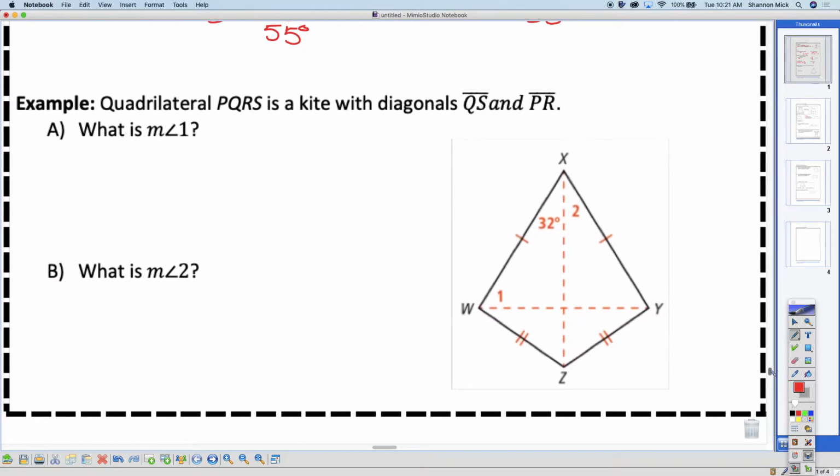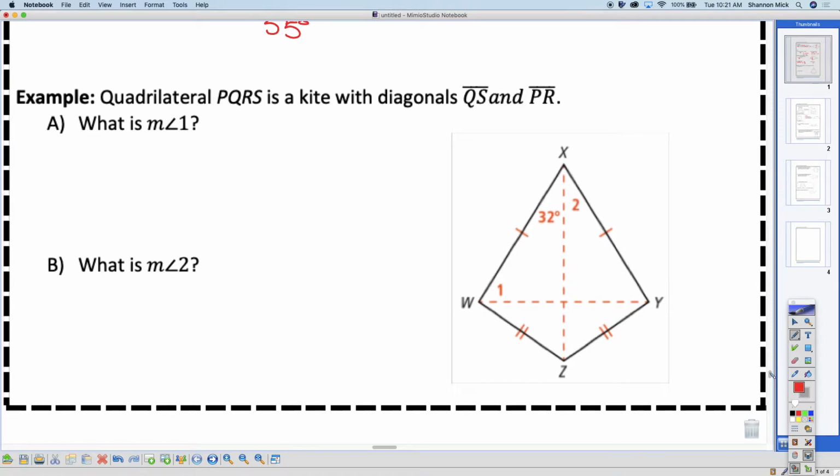The quadrilateral is a kite. So I know that YW and ZX intersected at what angle? 90. I also know that W to the middle and the middle to Y are what?